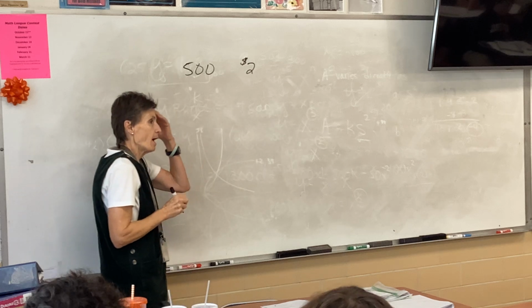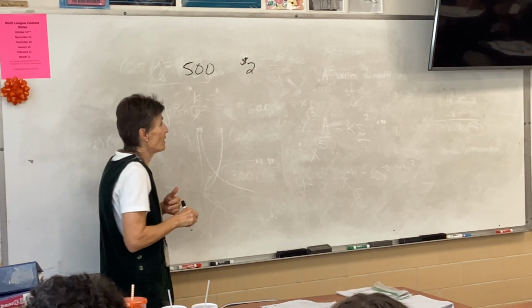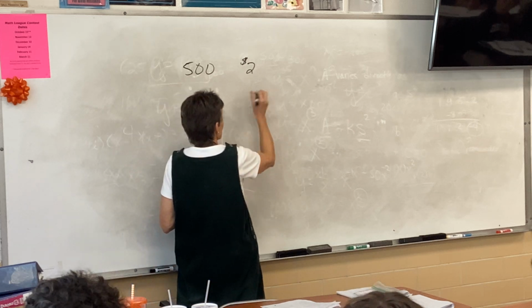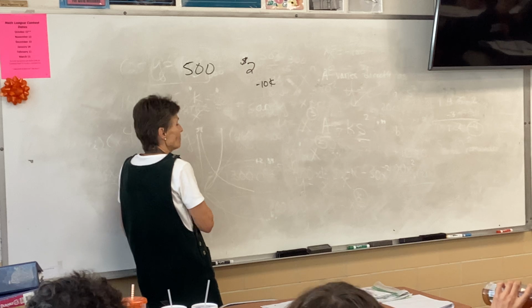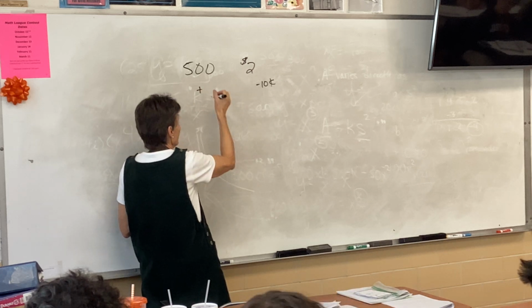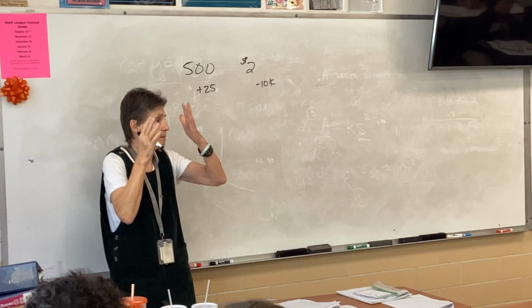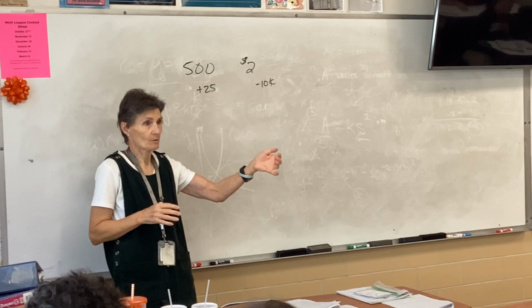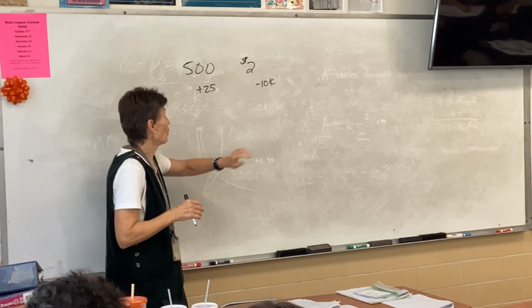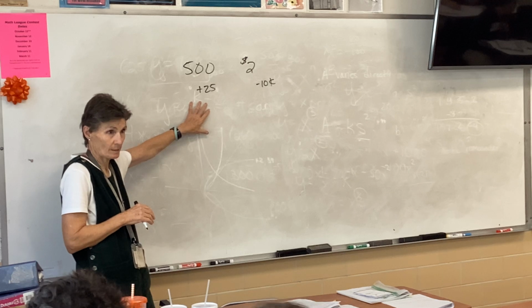I have done some research and figured out that every time I lower my price 10 cents, I'll sell 25 more worksheets. So right now I'm selling 500 for $2. Every time I lower my price 10 cents, I'll sell 25 more sheets.